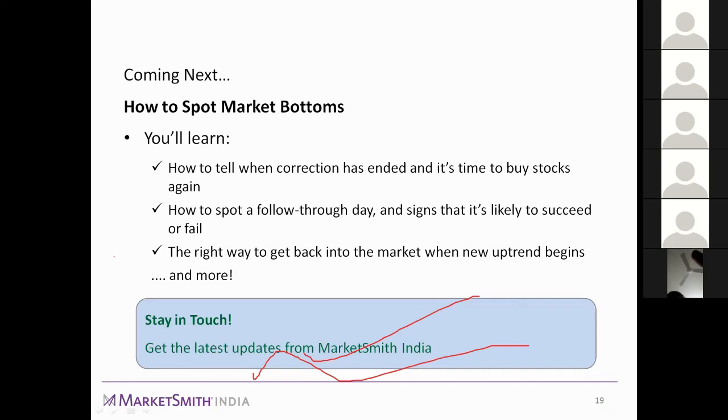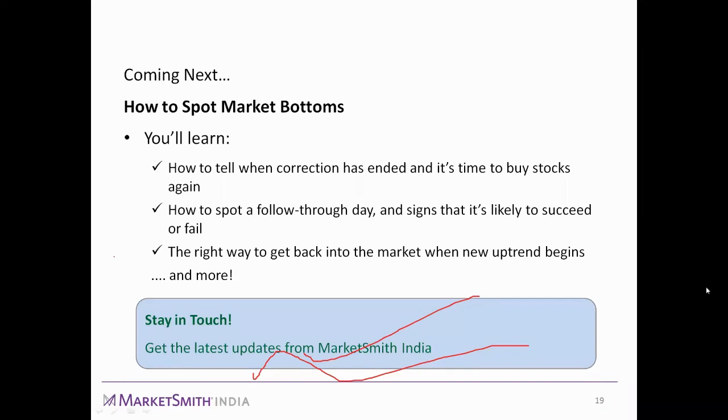We bought a lot of stocks at that time, and that helped the investors who were with us, our subscribers, because some of the stocks we added then are sitting at a profit of more than 200%, some at 150%, and we were part of that rally. We never missed the rally which was there from the start of 2017.